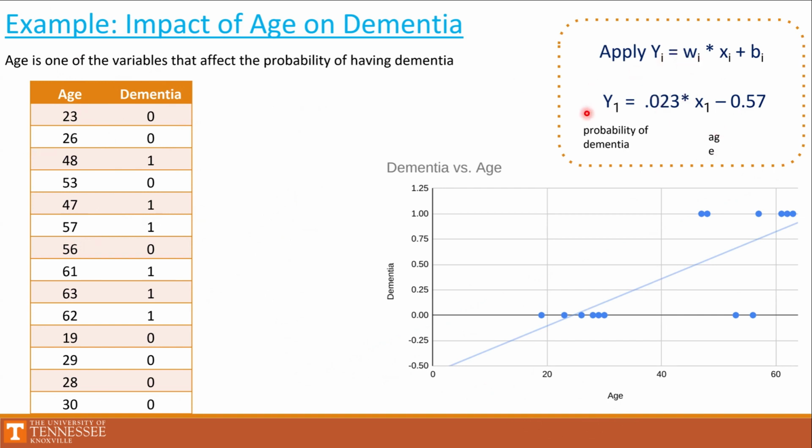The final output we are looking at, the probability of dementia, for which we are training our algorithm, is directly linked to your slope value and your bias value. Today we will look at how we can adjust these weights and this bias, which gives the final output value.